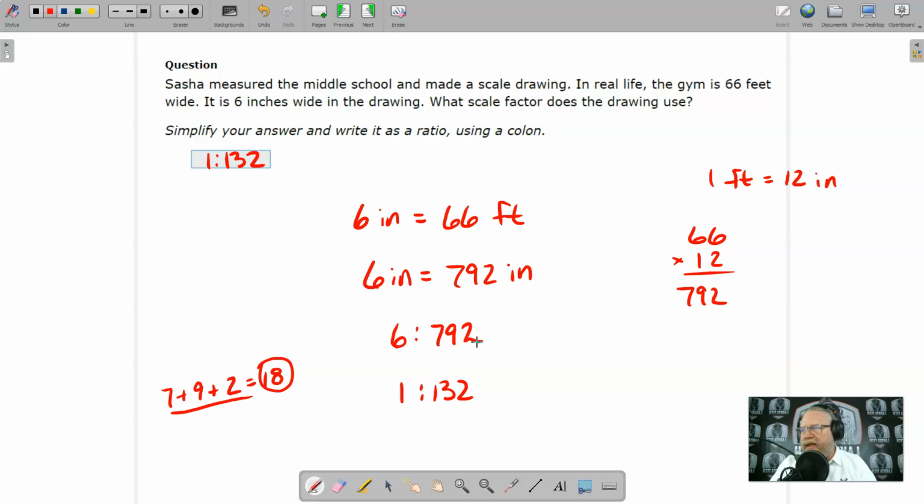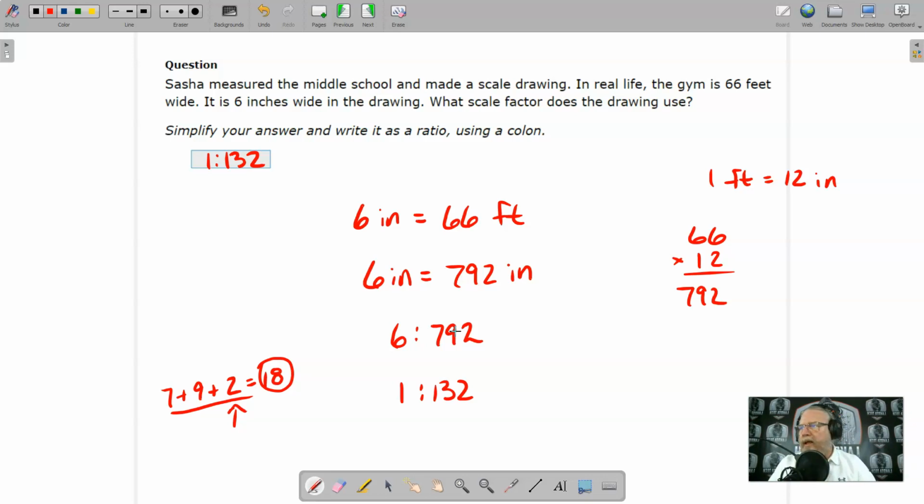And since 792 ends in an even number, it's divisible by 2. So the rule for 2 works, rule for 3 works, therefore I would have known that the rule for 6 works. But since I had 792 in the calculator, it was easier to just type in divided by 6 and see if indeed I come up with a whole number. And indeed, as you can see, I do.